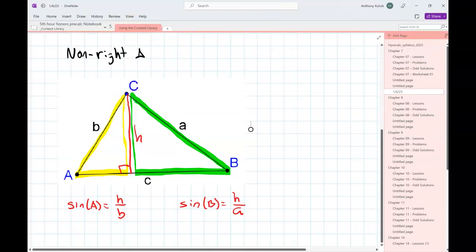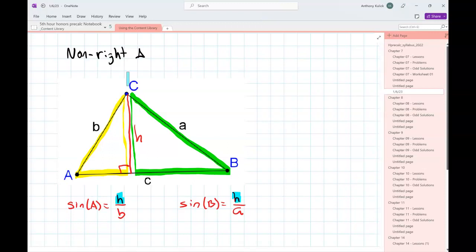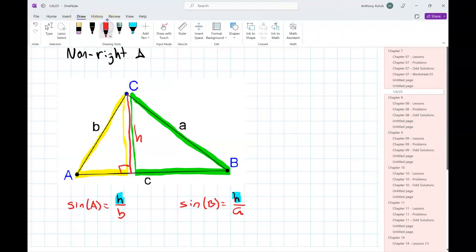And what I like here is that both of these two equations contain that value H. So I'm going to treat this like a system of two equations, set each of them equal to H, so I can set them equal to each other.